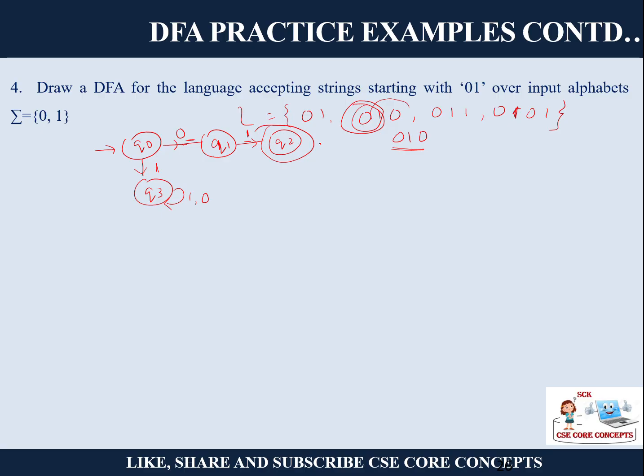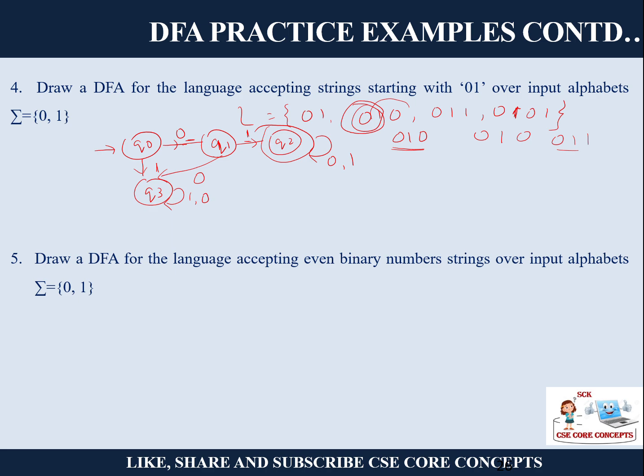After 0, 1, 0, I can have any number of zeros and ones. That is fine. But in Q1, if I am getting a 0, that is 0, 0, 1, it is not acceptable. Okay, 0, 0, 1 is not acceptable. So that is why I will have to go to the dead state. 0, 1, 0, 0, 1, 1, whatever. Right? These are all acceptable.